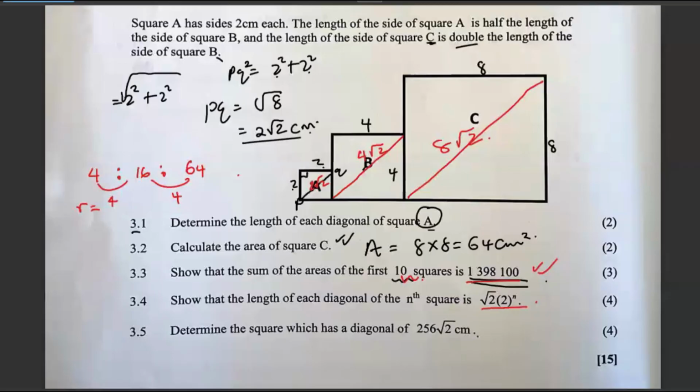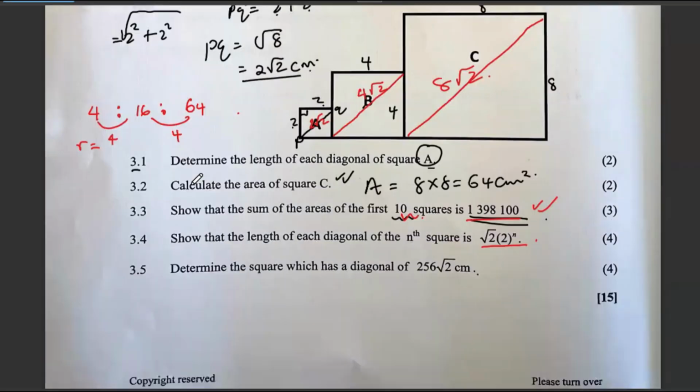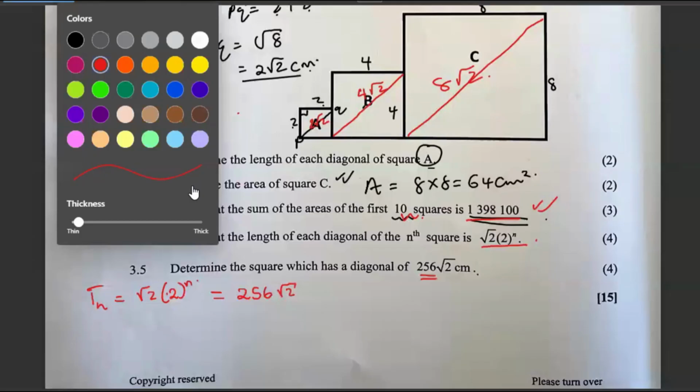We're winning. 3.5. Determine the square that has a diagonal of this. So we have the general term, okay? Meaning that Tn is going to be square root of 2 times 2 to the exponent of n. Now, if Tn is this, I'll just equate this to 256 square root of 2. So step number 1, the root signs are going to cancel each other.